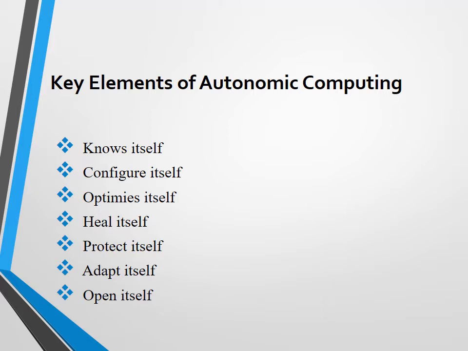In a word, adapting. Last comes open itself. What does it mean? It means that while independent in its ability to manage itself, it must function in a heterogeneous world and implement open standards. In other words, an autonomic computing system cannot, by definition, be a proprietary solution.